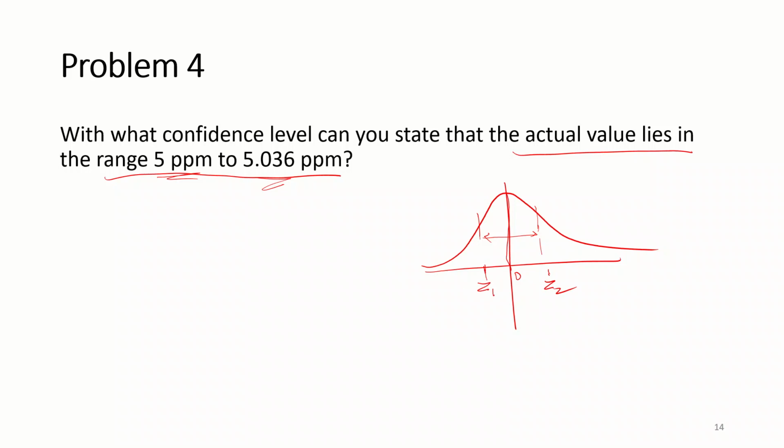So z1 may correspond to 5 ppm and z2 will be 5.036, because it is more than the mean, which is 5.0184. So first we need to find this area. That's our question essentially.